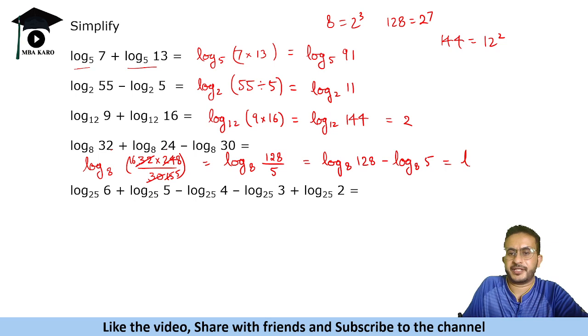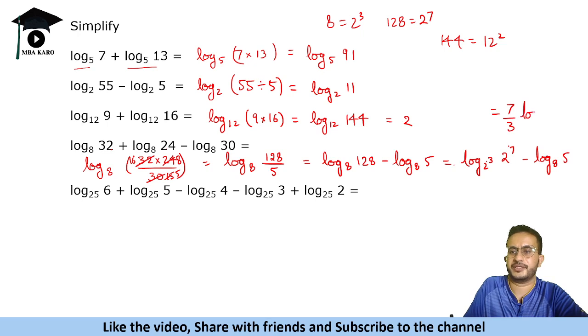So it can be written as log of 2 to power 7 over 2 to power 3, minus log 8 5. Now when we have power here it comes to the numerator, when we have power here it goes to the denominator. So 7 by 3 log 2. Log 2 base 2 is 1 only. So it becomes 7 by 3 minus log 8 5.